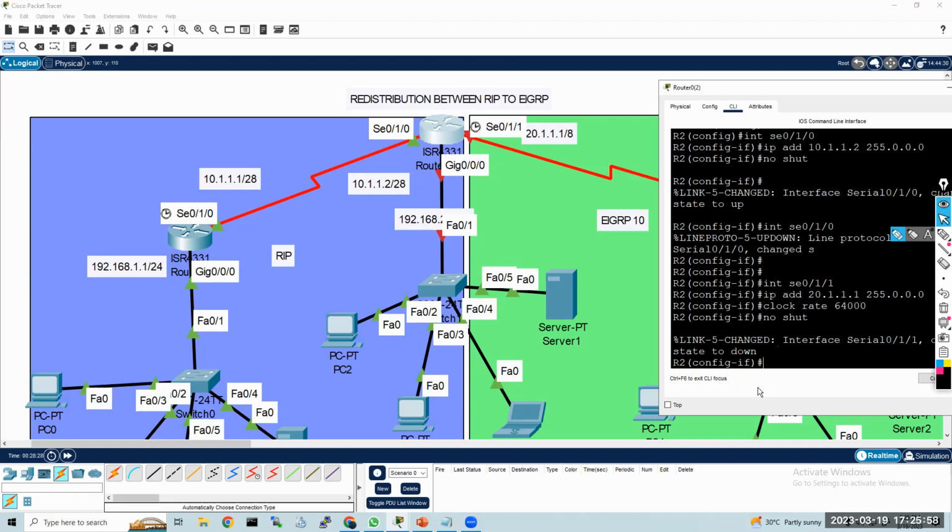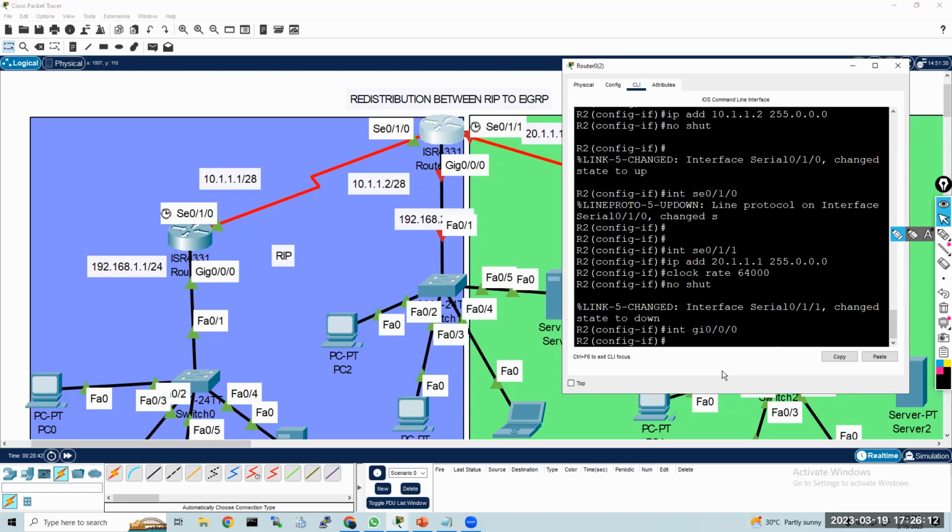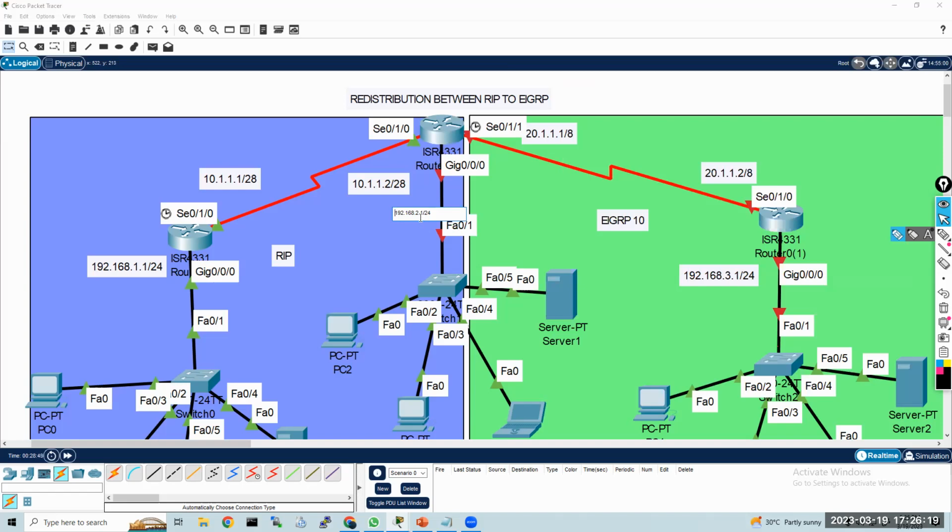Okay. Interface GI000. Okay, I want to see this IP. Oh, where is my work?